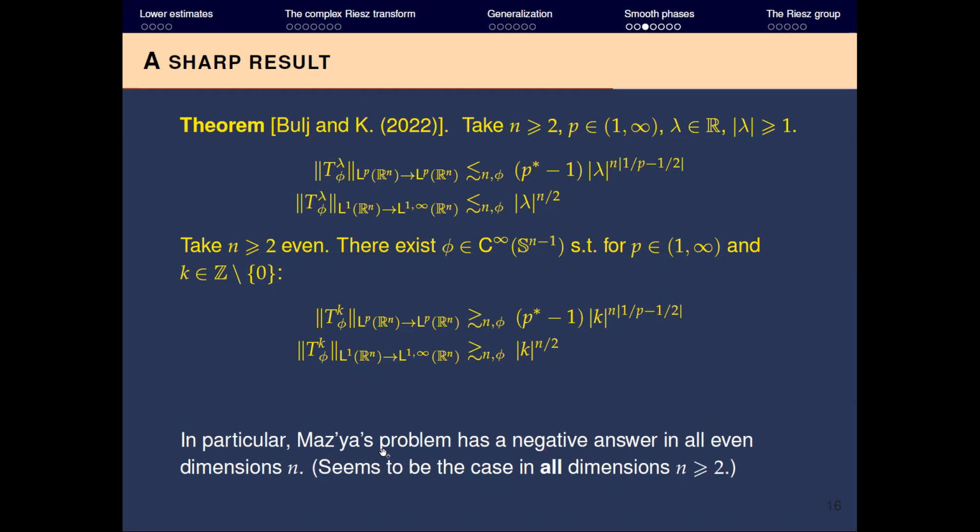In particular, you see that Mazya's problem has a negative answer in all even dimensions, just because in the conjecture you saw n minus 1 here, but it turns out that you cannot beat this exponent n times this expression at all, and this is actually the sharp exponent, and even better, this is actually the sharp asymptotics.